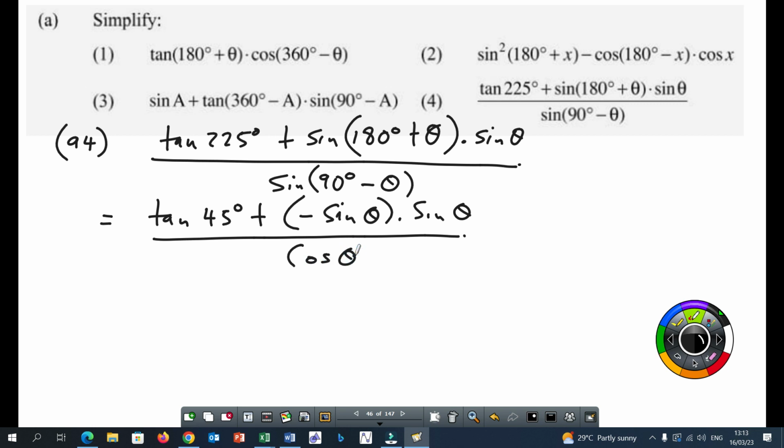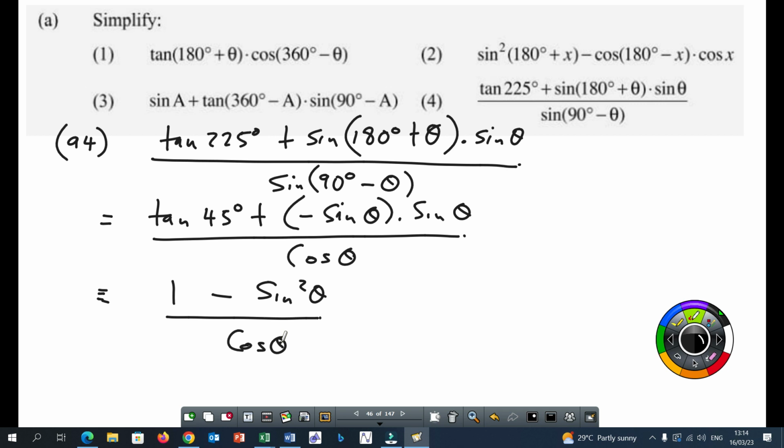Okay? The denominator is a co-ratio. Alright? Then tan 45 is 1. It's a special angle. Then here we get 1 minus sine squared theta all over cos theta.